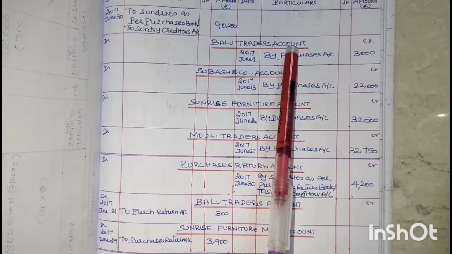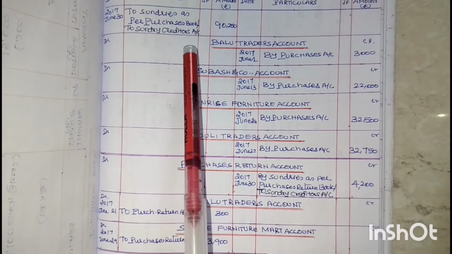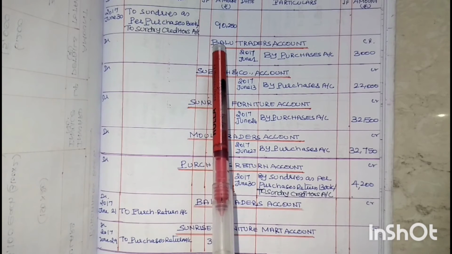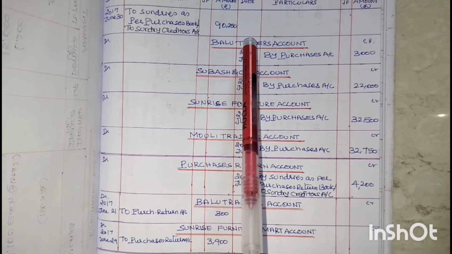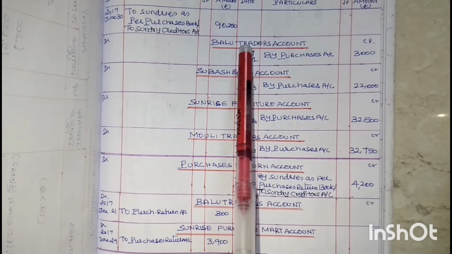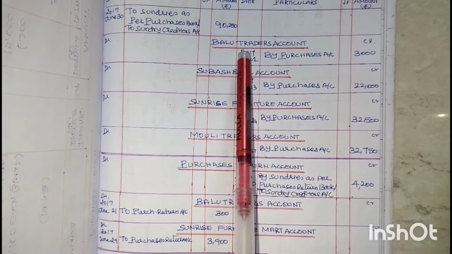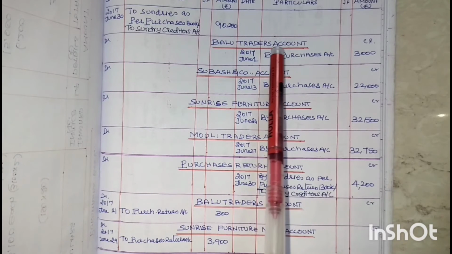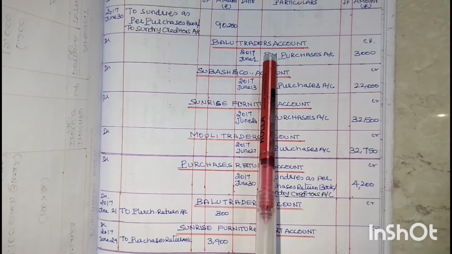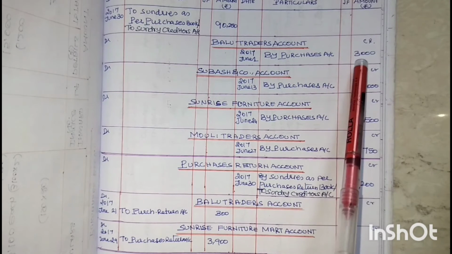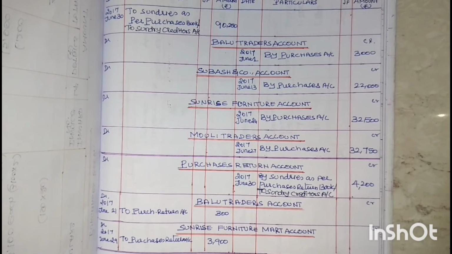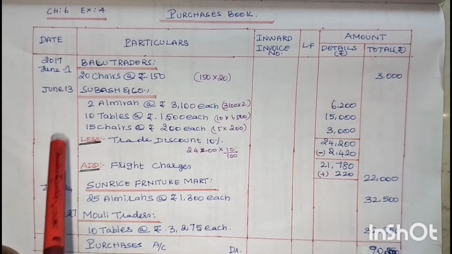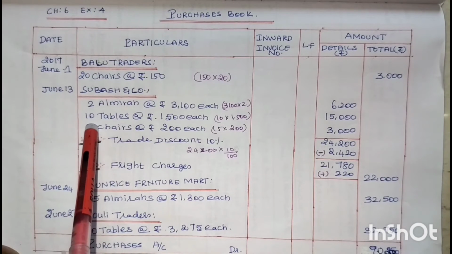Balu Traders is on the credit side. So we go to the credit side, dated 2017 June 1. On the credit side we always start with By. So, By Purchases Account 3,000 rupees. We posted it.